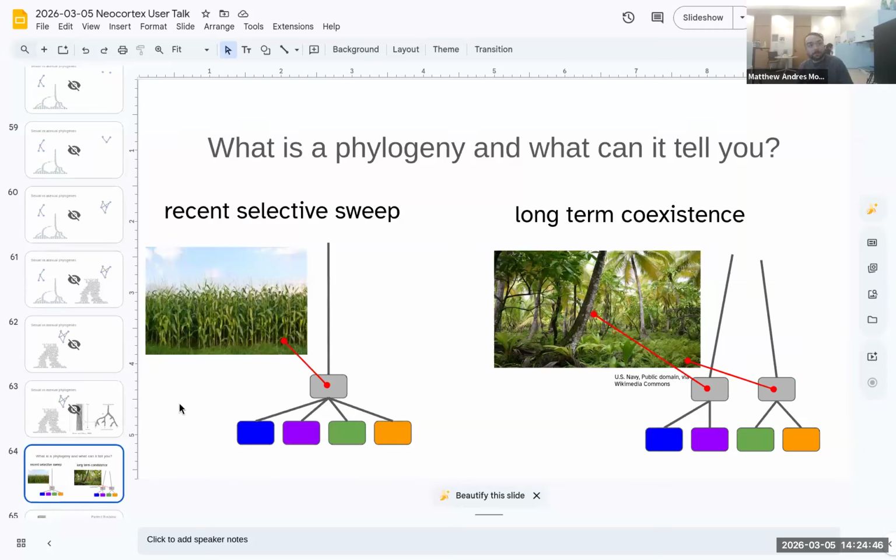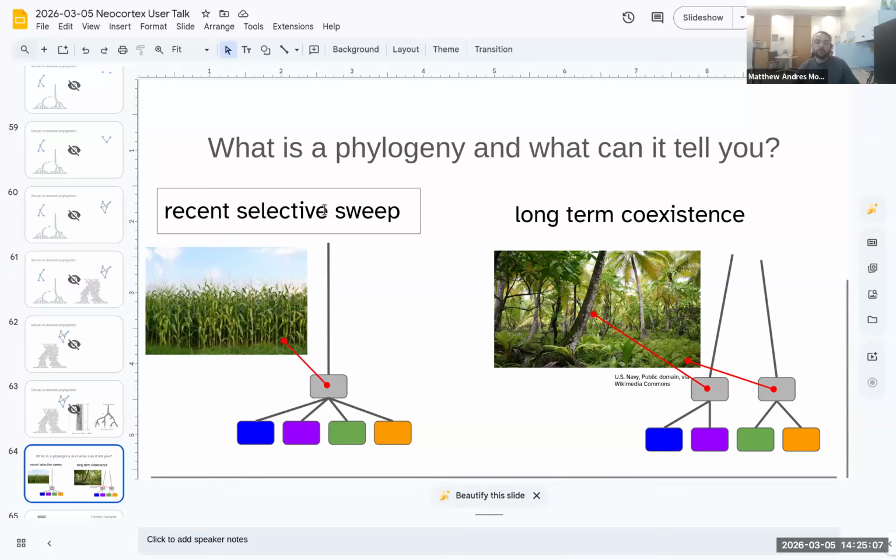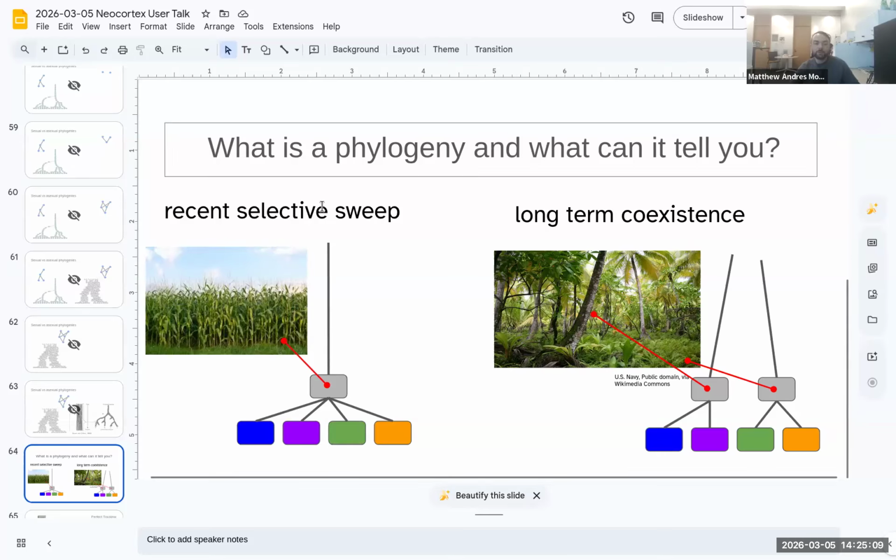This again is a very brief overview, but as an intuition for the kind of insight you can get into an evolutionary process by looking at a phylogeny, a really classical type of inference that we can do is look for really deep branches in the phylogeny to look for evidence of long-term coexistence between different sets of organisms. In this phylogeny on the left, you can see all of the tips down here are very closely related to a single common ancestor.